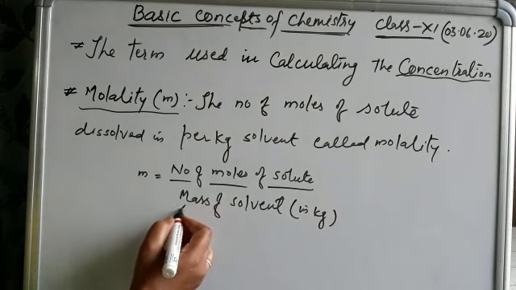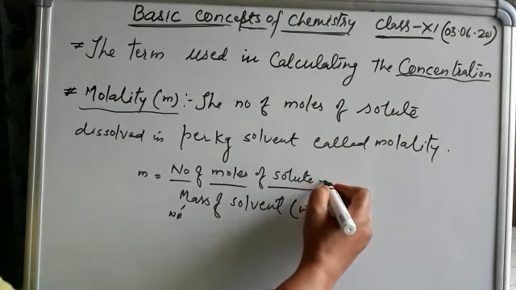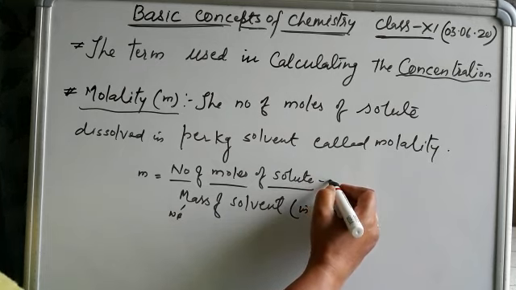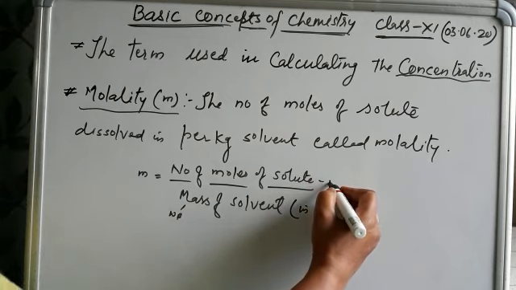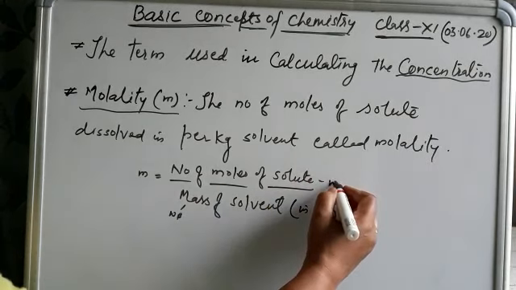Mass of solvent is Wb and mass of solute we can write as Wa.